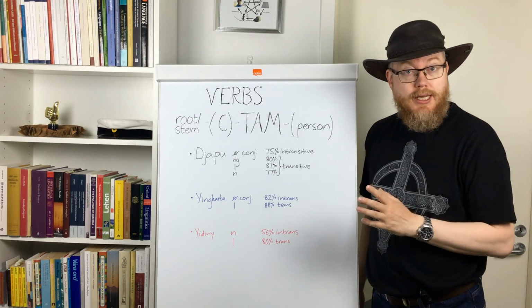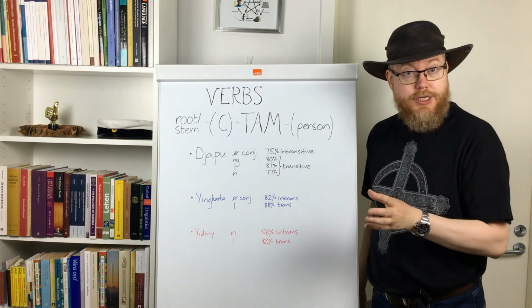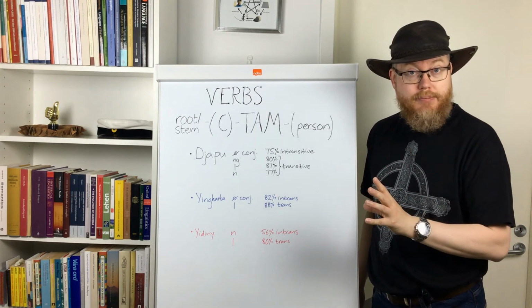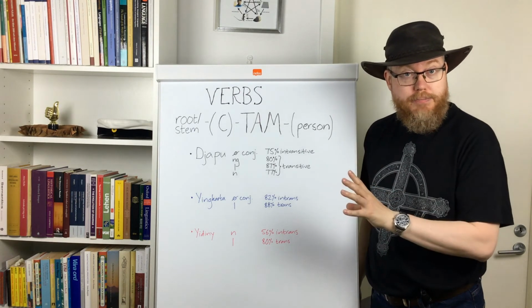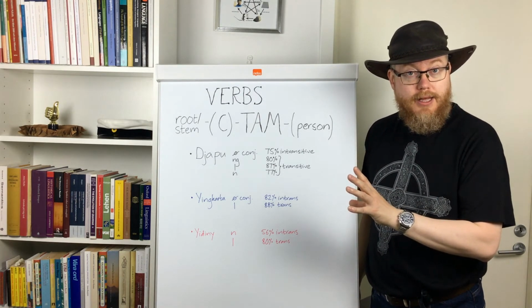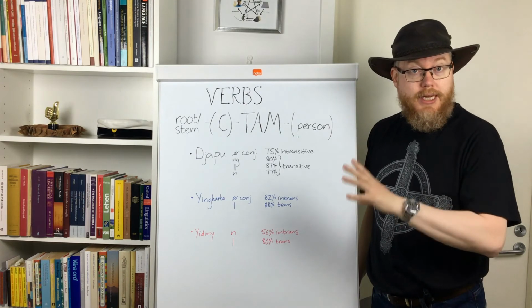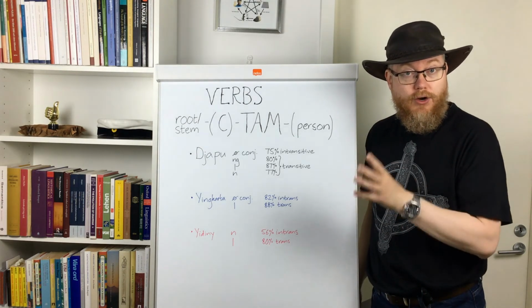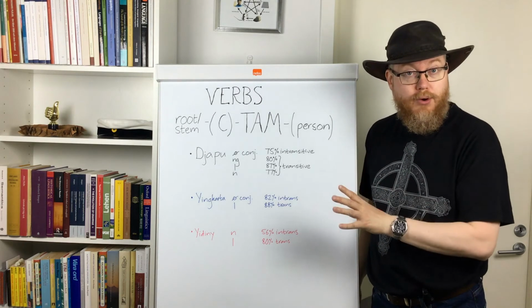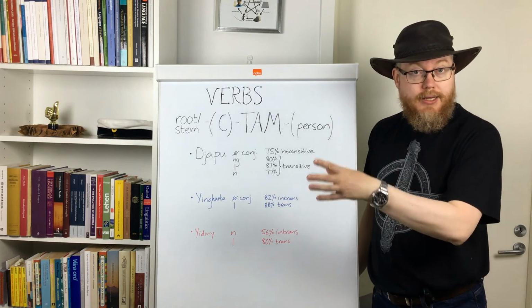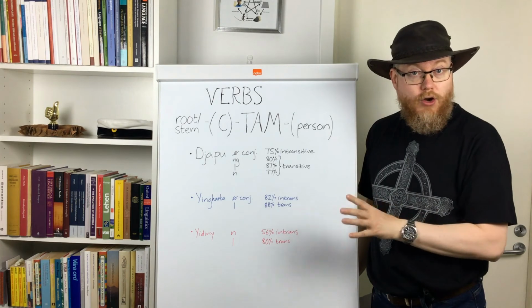Intransitive verbs only need a subject to be understandable. So, for example, Carl sleeps. And transitive verbs also take a direct object. So, Carl kicks the ball. Subject, verb, direct object.